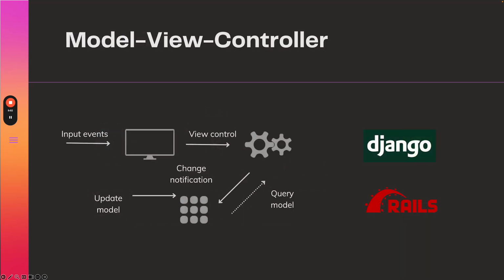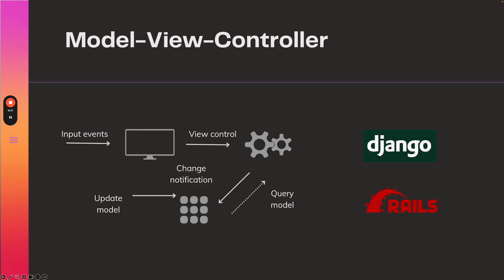Next is the model view controller architecture, also known as the MVC pattern, and it divides an interactive application into three parts. Essentially a model, which contains the core functionality and data, the view, which displays the information to the user, and more than one view may be defined, and then the controller, which essentially handles the input from the user.